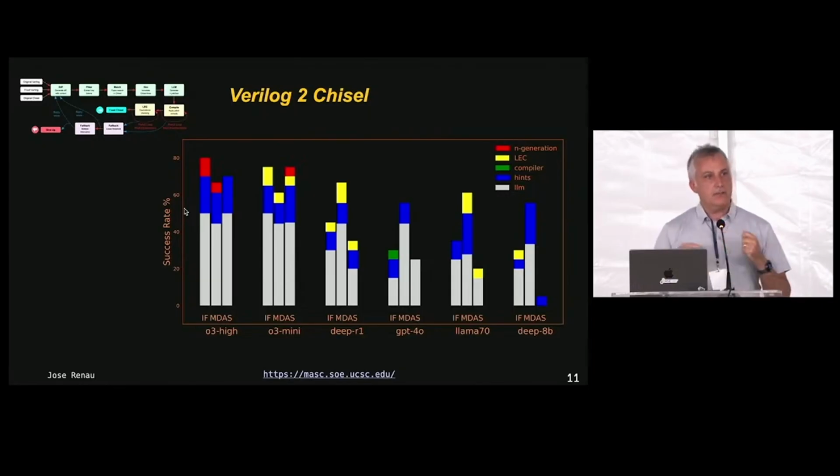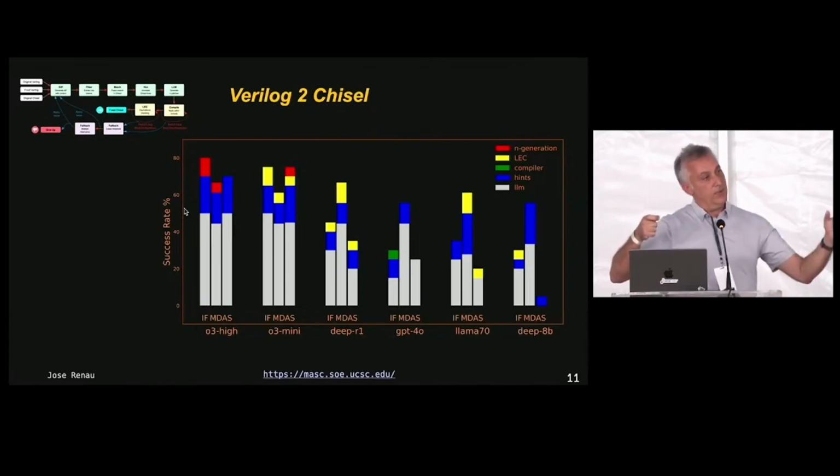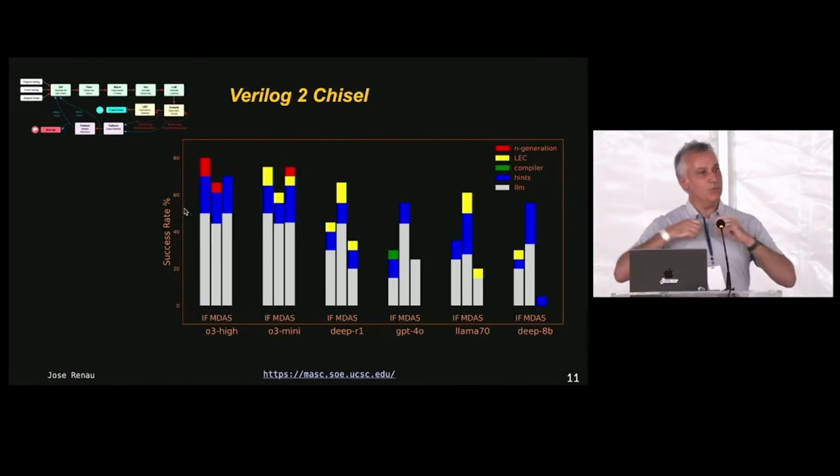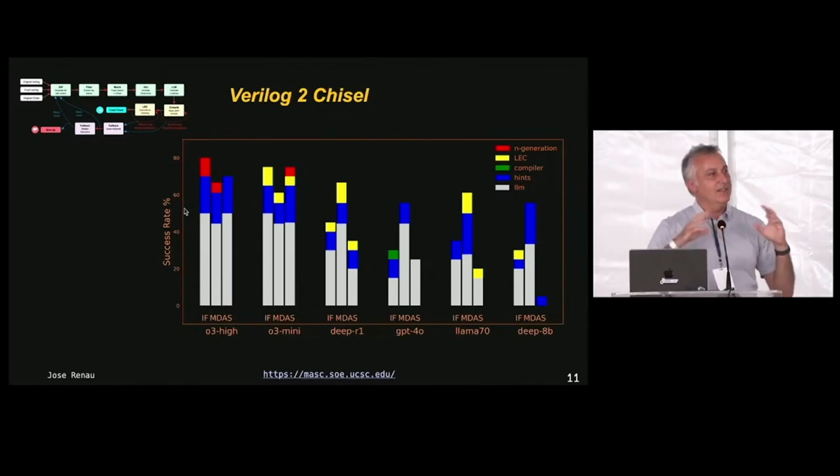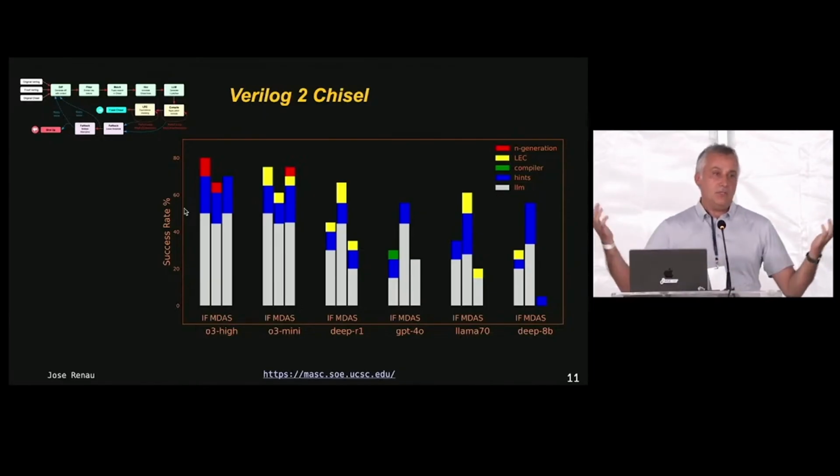For many of the bugs, we change the Verilog, but then we, as humans, don't even know how to fix the Chisel unless we blow up that whole section and then suddenly we start to fix. So many of the bugs that we have added, we don't know how to fix them. So we have to see what is a fair comparison. But in 20% of the time, we say, no, sorry, we cannot fix it.